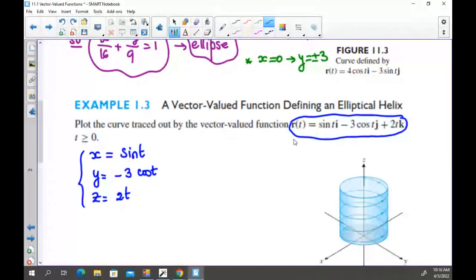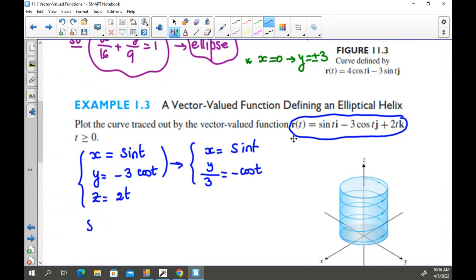Now, if we want to find the shape of this, I can consider x and y separately. I keep x as sine t, and then I have y over 3, which will be minus cosine t, and square both sides. So x squared plus y over 3 squared is going to be 1, just like we did before.